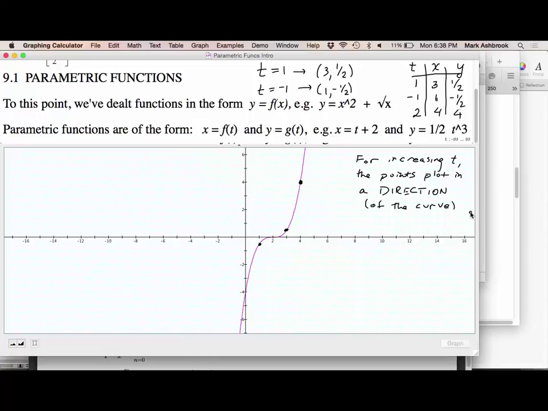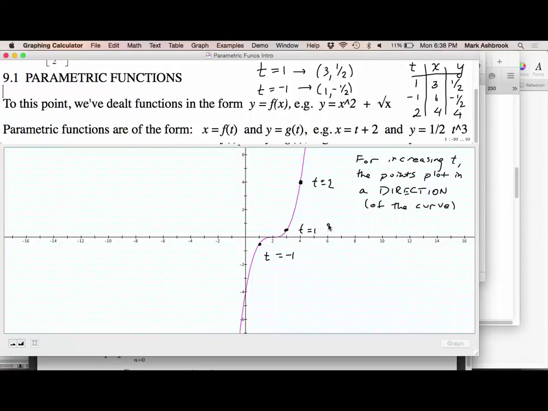Okay? So for increasing t, you get a direction to the curve, right? So what's the direction for this one? Is it down and to the left or up and to the right? This is for t equals -1 here. And t equals 1 gave us that point. And then t equals 2 gave us this point up here. Therefore, direction is up and to the right, right?